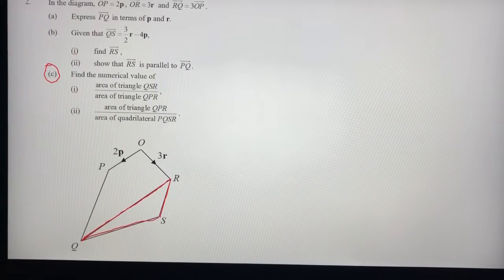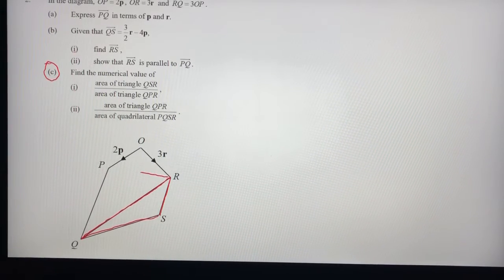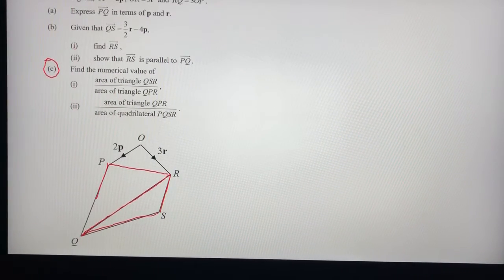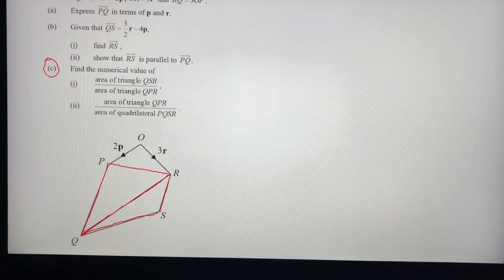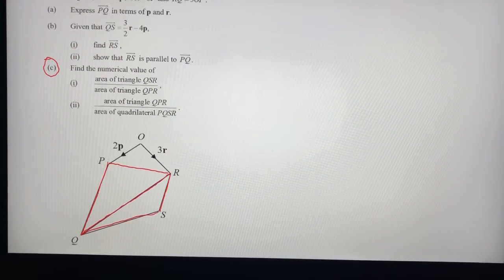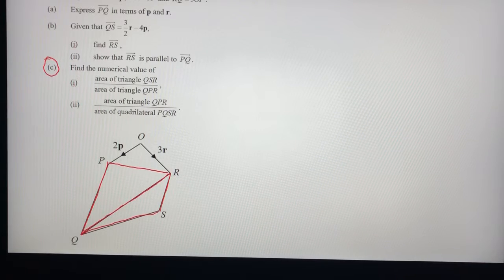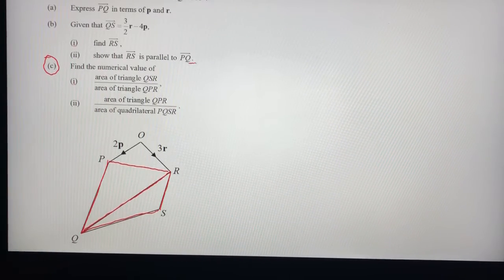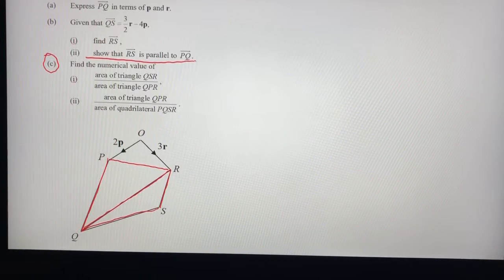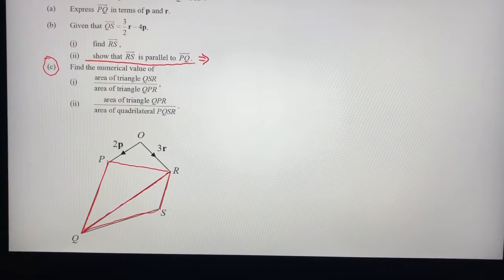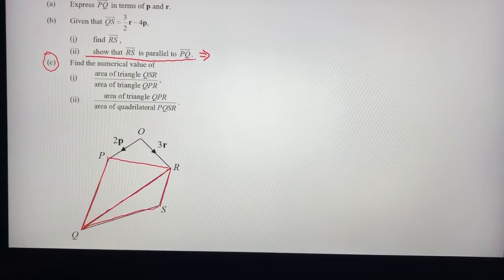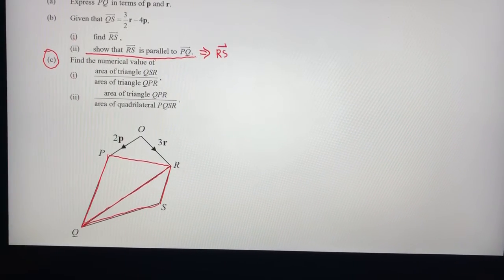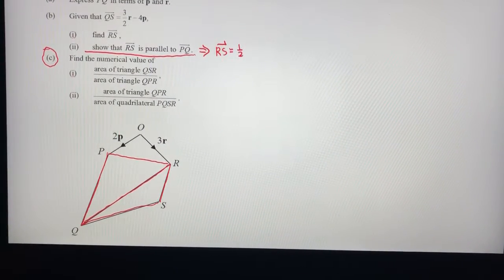So let's identify where these two triangles are. And from here, we will have to find out whether or not these two triangles share a common dimension, or is there any information from the previous part that tells us the relationship about some sides of these triangles.